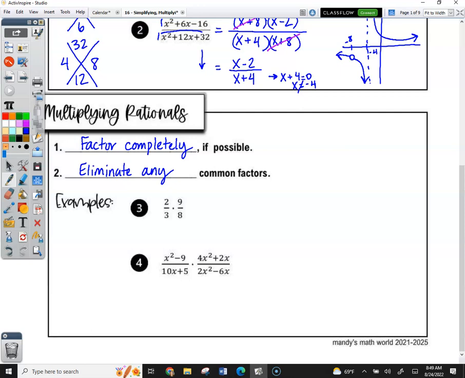Step number 3: multiply straight, I want capital letters here, straight across.